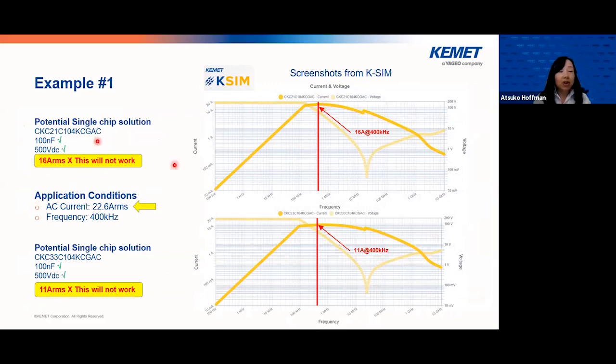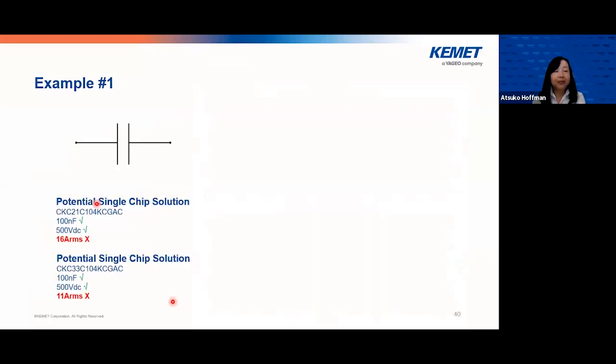So it will not work because it does not meet the target ripple current value here. And for the second part, you do the same, and it turns out it's 11 amps RMS. So it's less than what you target. So these two solutions will not work well.